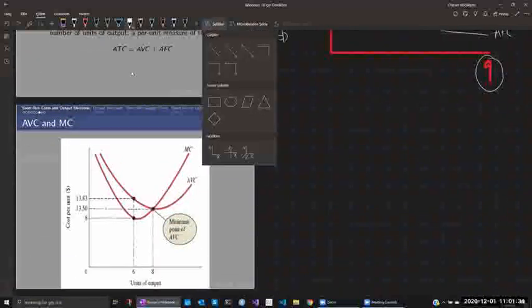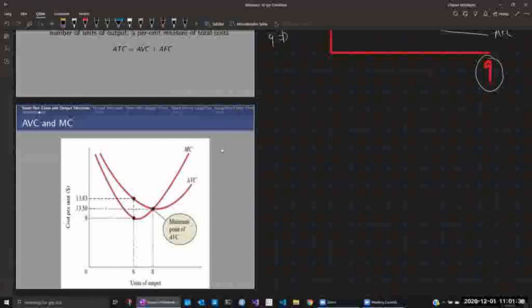So let's try to think about it. What should be the shape of average variable cost? Let's first talk about it, and then we can understand the relationship between the marginal cost and average variable cost.